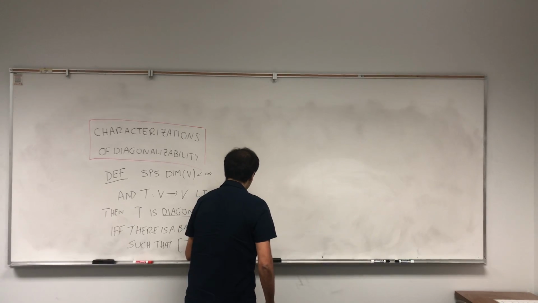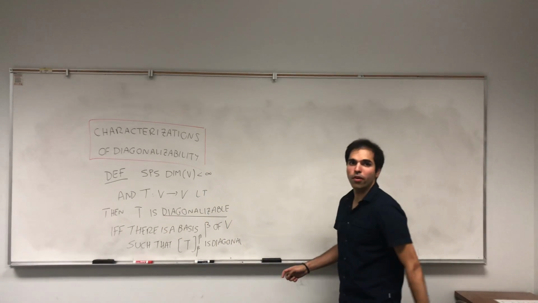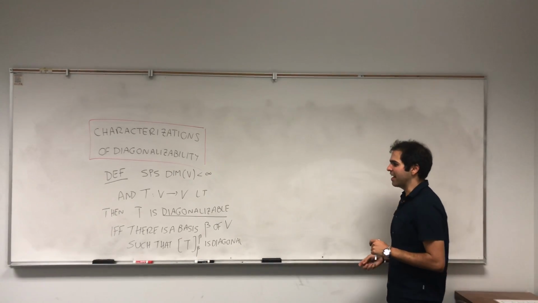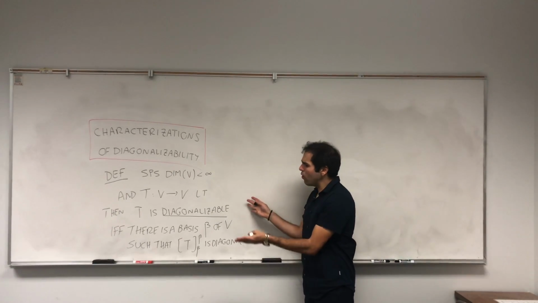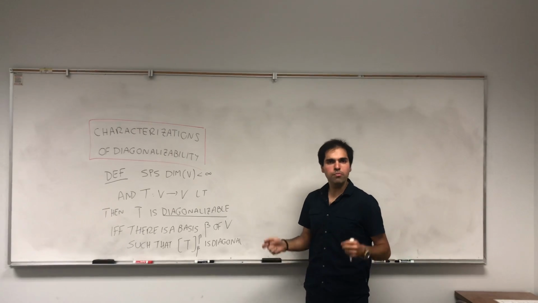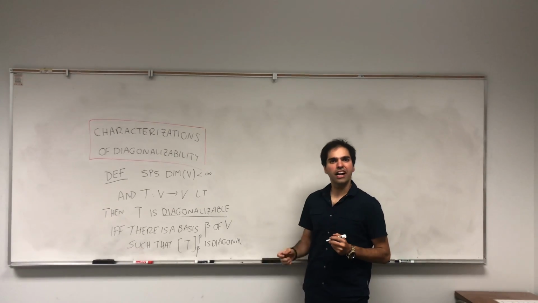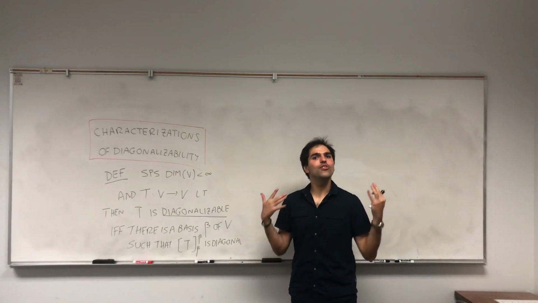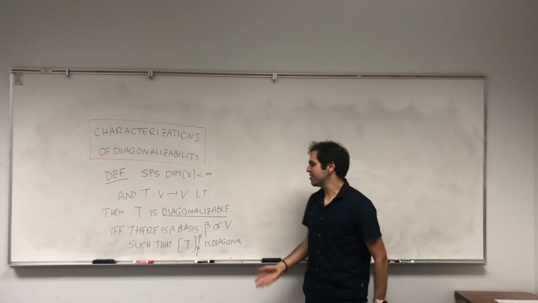And in some other video, I give you a concrete example of how to find that basis and in fact that this matrix is diagonal. So again, diagonalizable means you can turn it into a diagonal matrix, but the question is, what does it have to do with eigenvalues and eigenvectors?